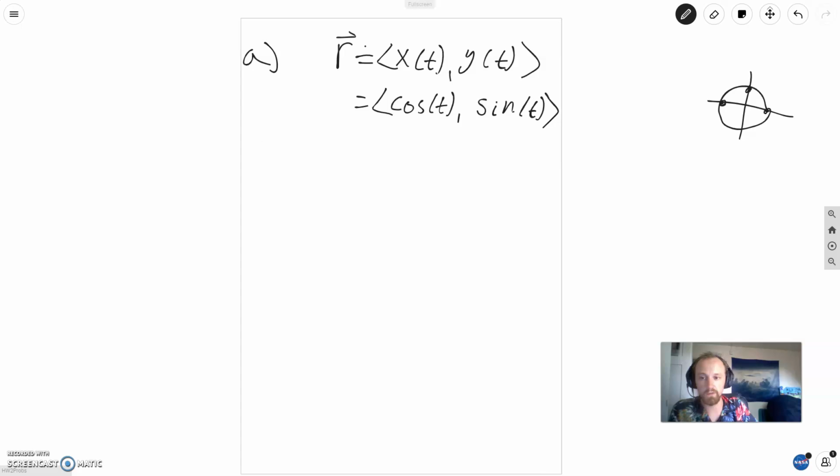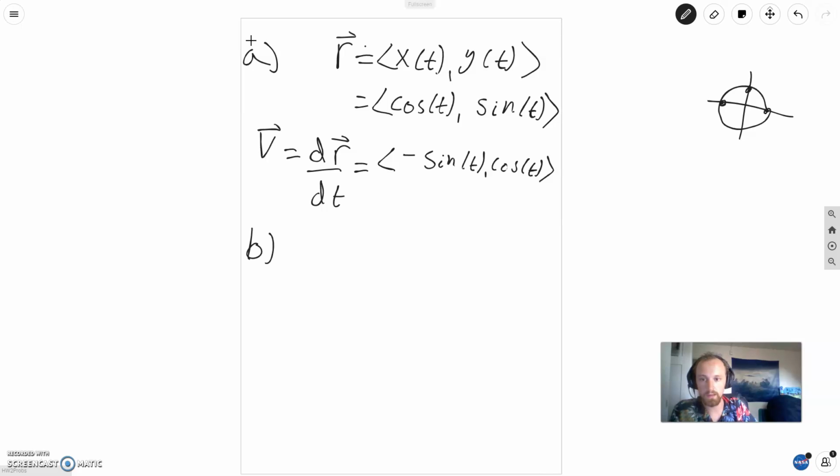So the first thing we want is the velocity vector. The velocity vector is just the first derivative of the position vector. So I'm going to get negative sine of t, comma cosine of t. Okay, easy enough.